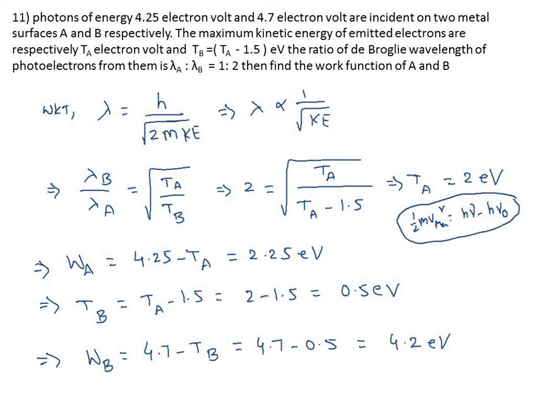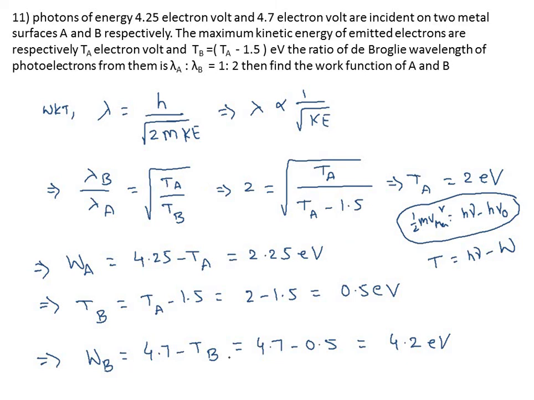Don't confuse here, TA and TB are the kinetic energies, and these are the work functions, where h nu naught is the work function of A. Or for your understanding, write T equal to h nu minus W, for whatever values, and that's what we have already calculated and substituted here. Clear?